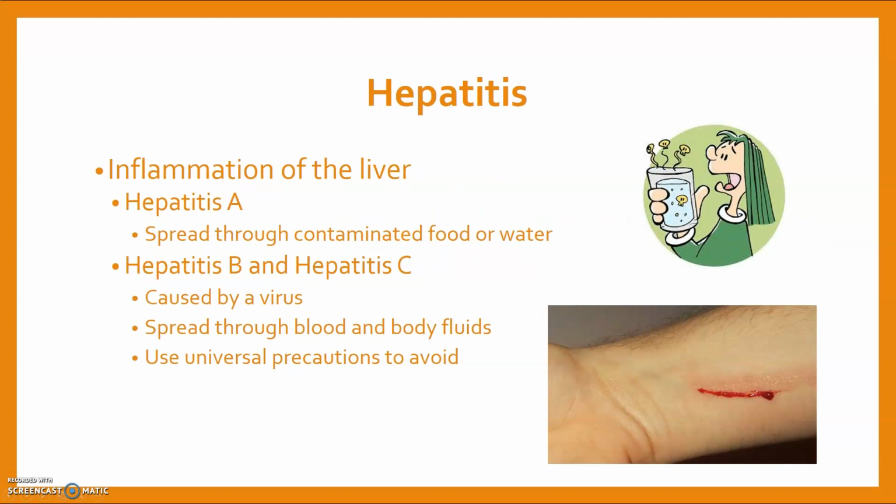The next liver condition that we are looking at is hepatitis. The term hepatitis means inflammation of the liver. There are many different types of hepatitis based on the virus that causes it, but we're going to look at three: hepatitis A, hepatitis B, and hepatitis C. Hepatitis A is spread through contaminated food or water.